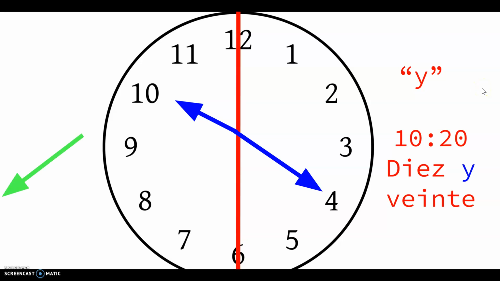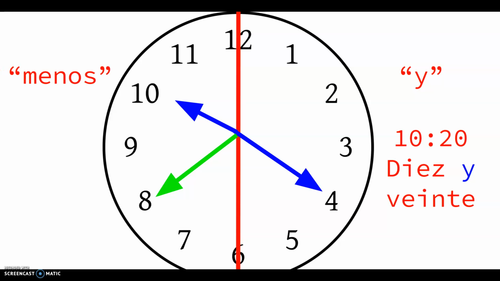Now on the flip side, let's change this to 10:40, for example. In this case, you're essentially going to express that it's 20 till 11. In order to do that, you use this phrase, which is menos.